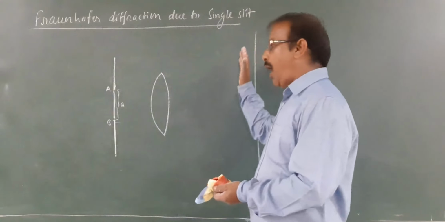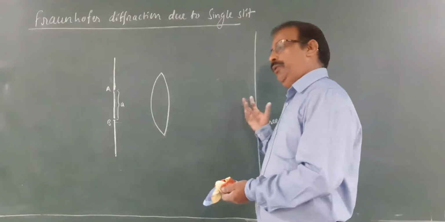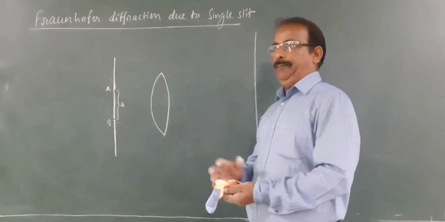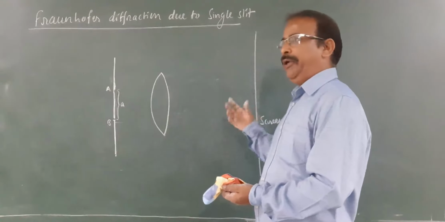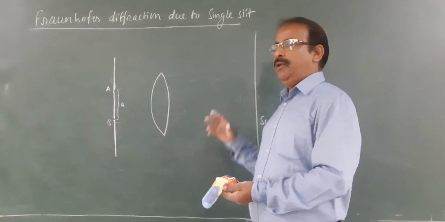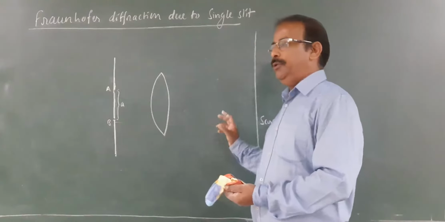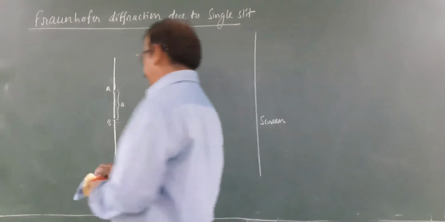I will explain here how this diffraction pattern forms: when we get a bright band, and when we get a dark band. What is another name for a bright band in diffraction? What is another name for a dark band in diffraction? That we are going to see here.